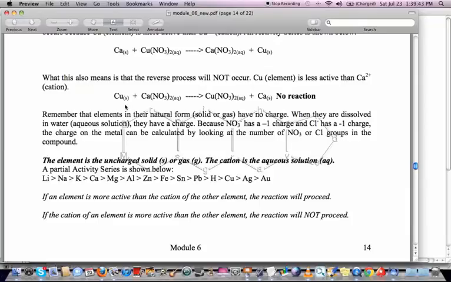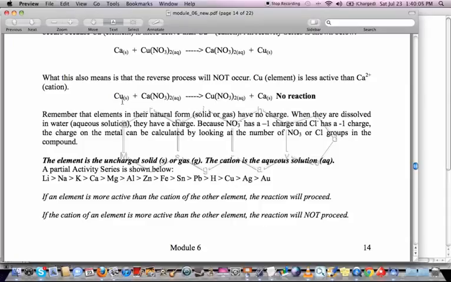Let's say we reverse the reaction now. We start out with copper solid and we try and react it with calcium nitrate. So we look for copper here, and then we look for calcium on the activity series, and we see that Ca will be up here. So you can see that the cation is actually above the metal on the activity series.